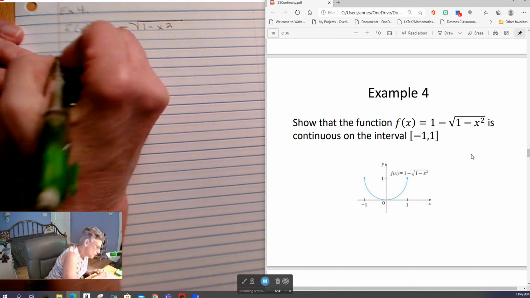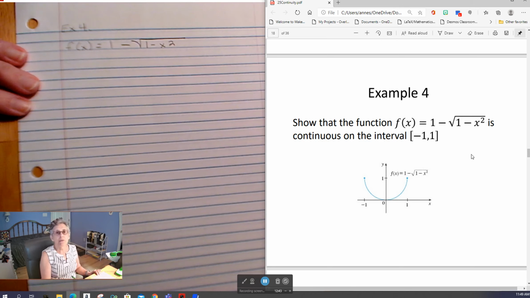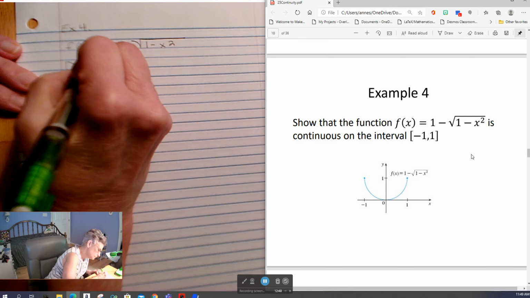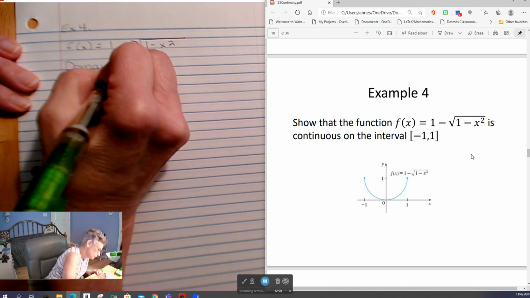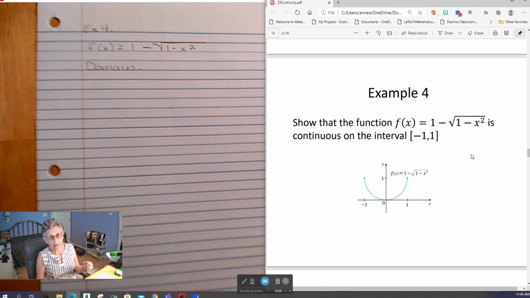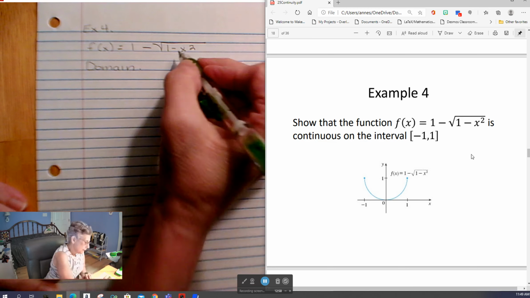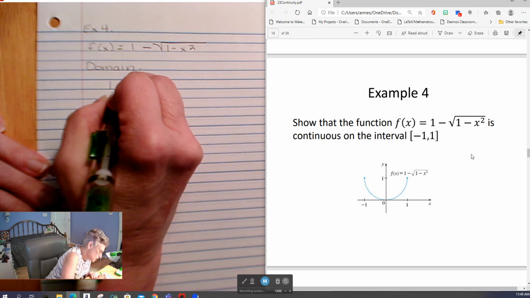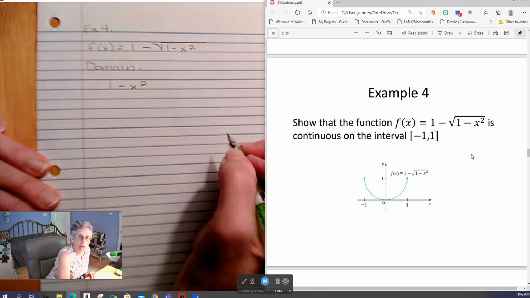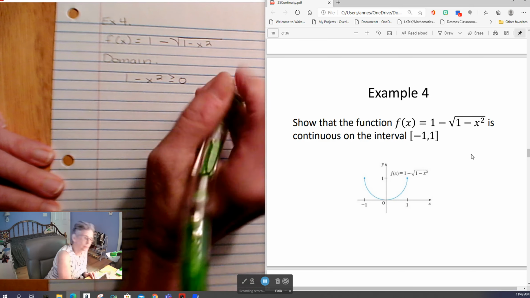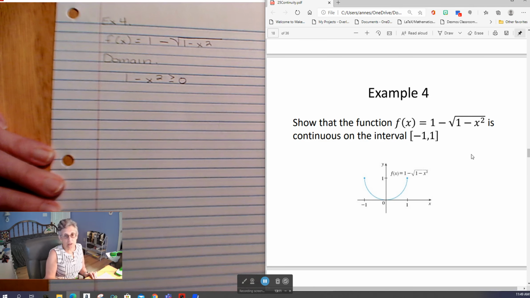So first thing I want to do is figure out the domain of this function. Well, in order to take the square root of something, the thing underneath the radical, the radicand, has to be greater than or equal to 0. So I just need to solve the inequality 1 minus x squared greater than or equal to 0.